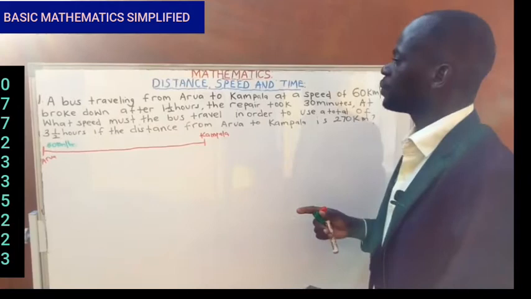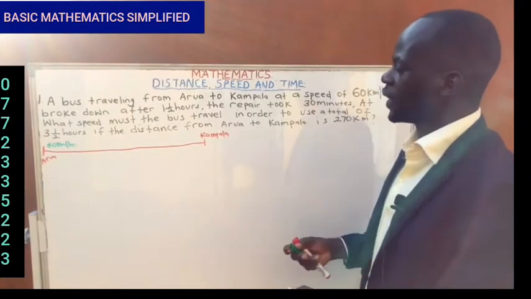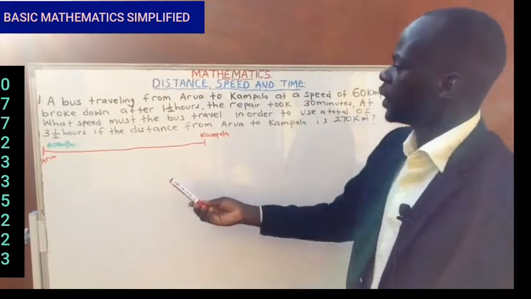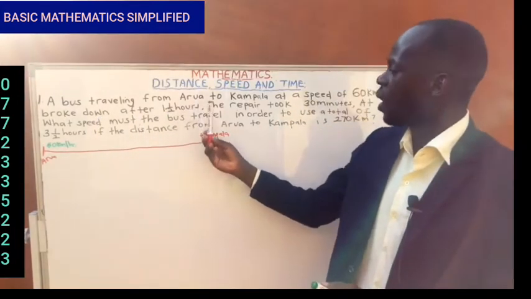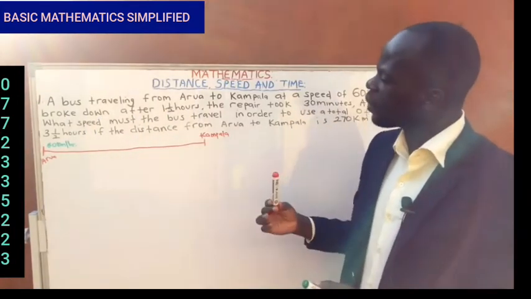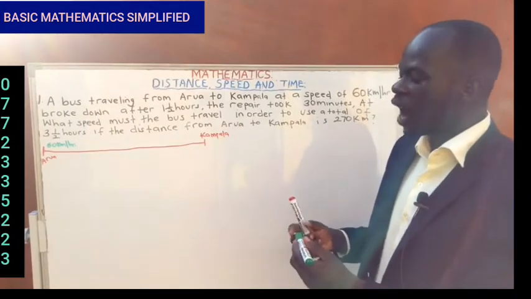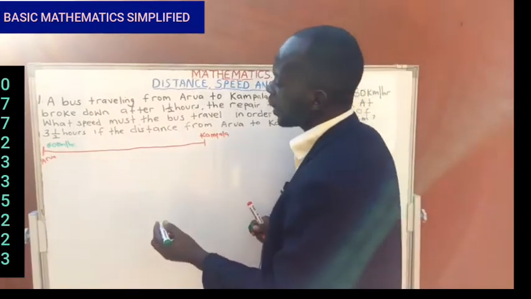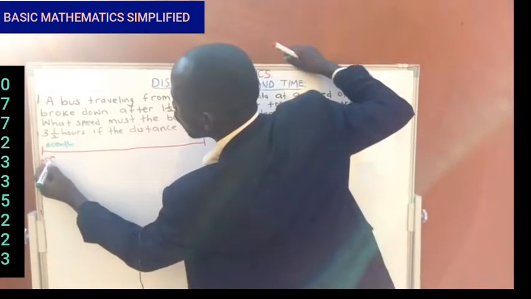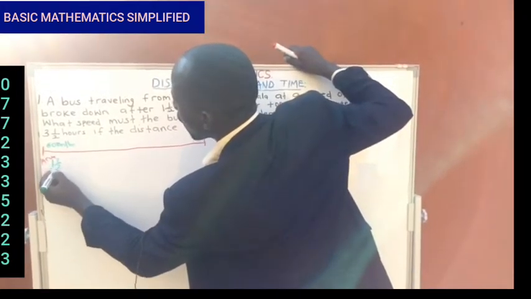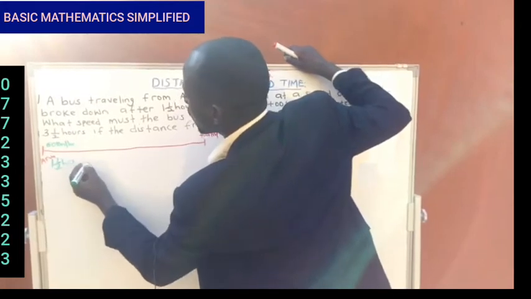Unfortunately, it broke down after 1.5 hours. That means the speed it was using was 60 kilometers per hour. Then it had so far traveled for 1.5 hours.